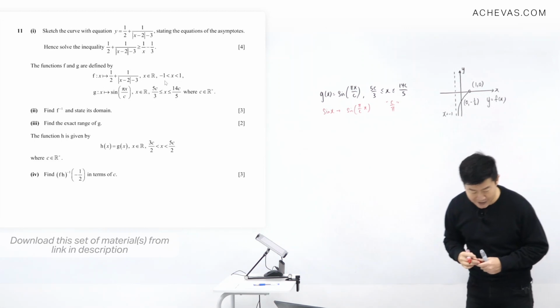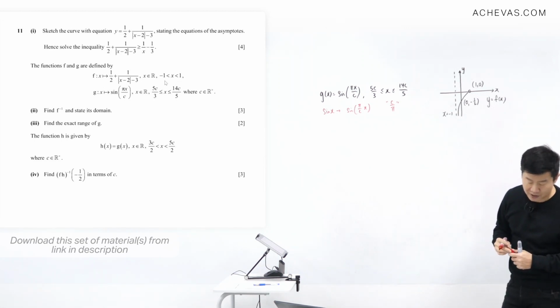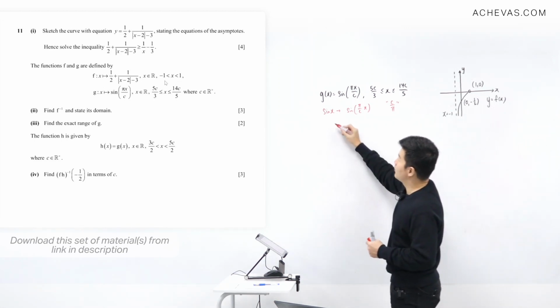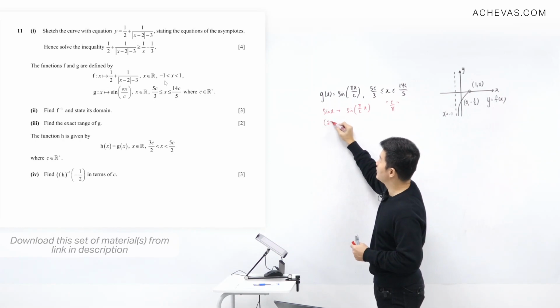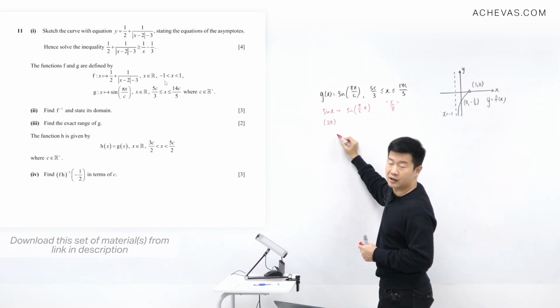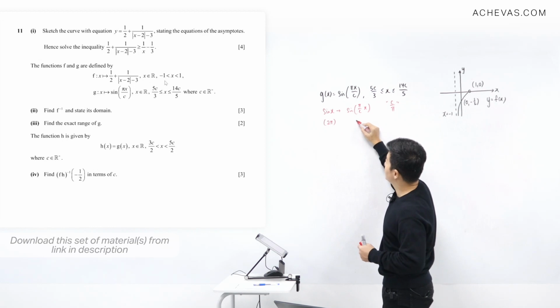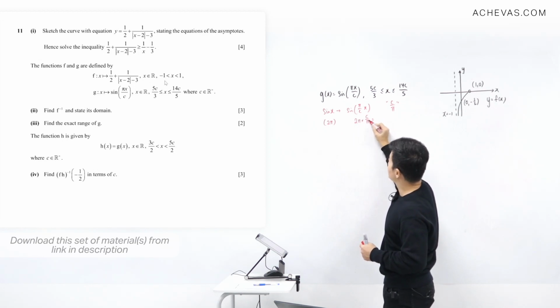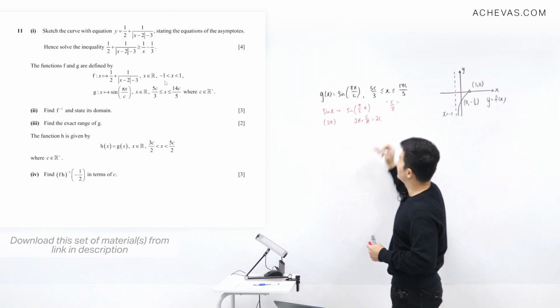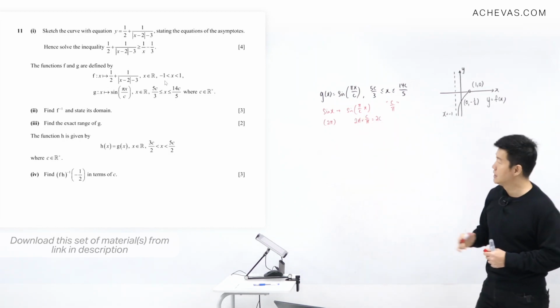On the original graph, when we have a period of 2 pi, now we are going to have a period of 2 pi multiplied by c over pi, which is equal to 2c. The new period is 2c.